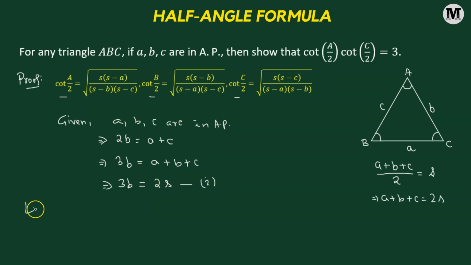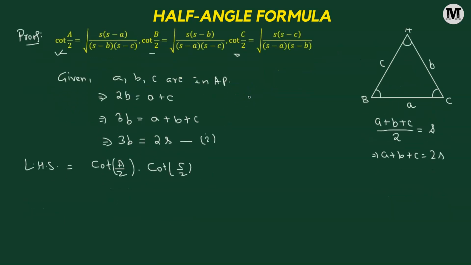Now, we'll start the problem from the left-hand side. On the left-hand side, we have the product of cotangent of A over 2 multiplied by cotangent of C over 2. So let's use the formula for the cotangent function. Here we will have square root of s multiplied by s minus a, divided by s minus b multiplied by s minus c.